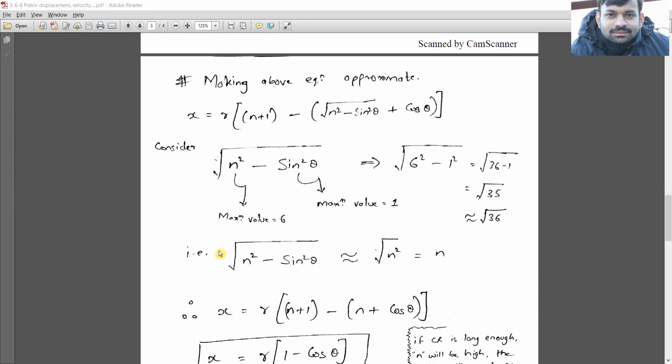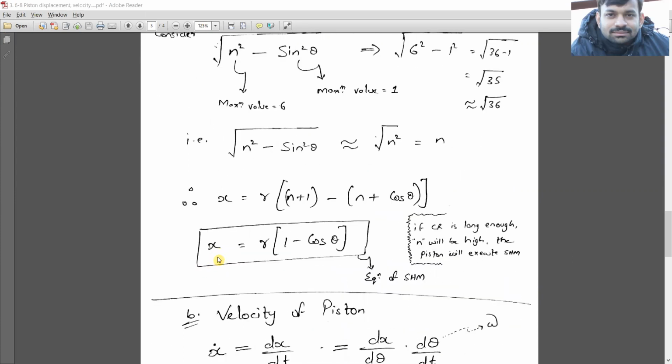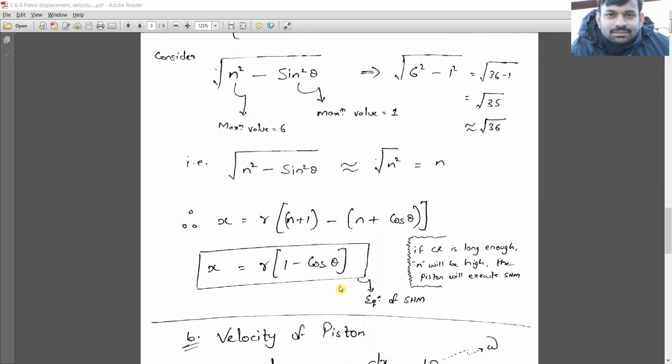Now, this equation you might have seen: x equals r times (1 minus cos theta), or x equals r times (1 minus sin theta). This is nothing but the equation of simple harmonic motion. What is simple harmonic motion? It is a motion executed by various physical or mechanical components.